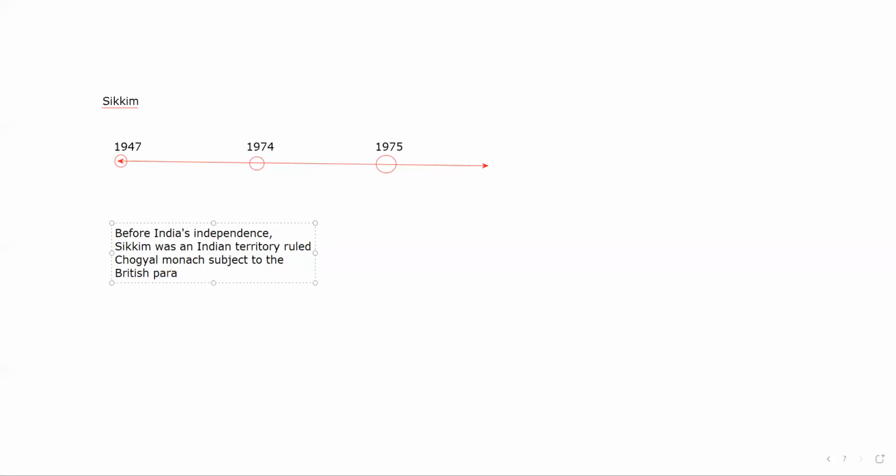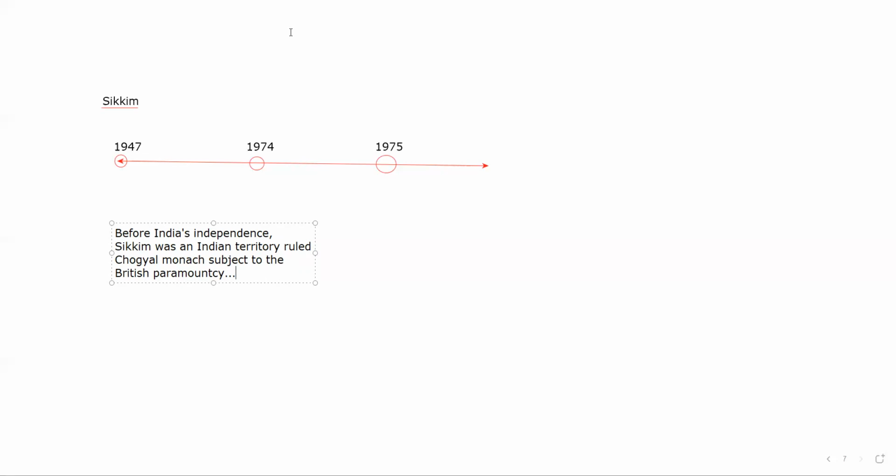We will discuss this when we go into history. So after the independence of India, India was set free, and the kings or the princes had the option to either revert to the previous status or go with India or go with Pakistan.